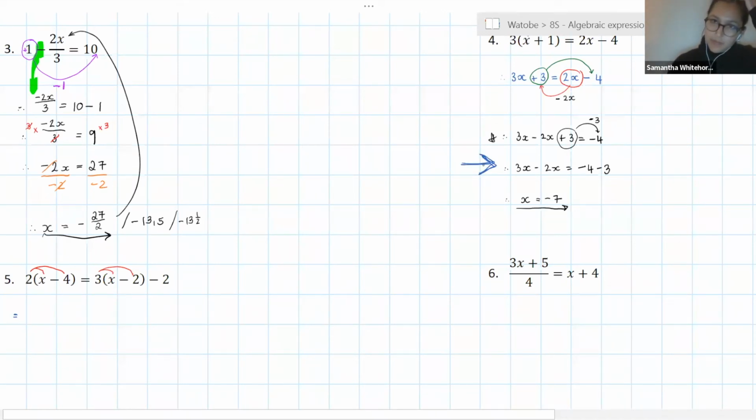Yes, ma'am. Okay, what's confusing you about that? I don't understand where, ma'am, I'm just so confused. I just don't understand. Do you understand why I've said 3x minus 2x? Do you understand why I said minus 2x on the left?